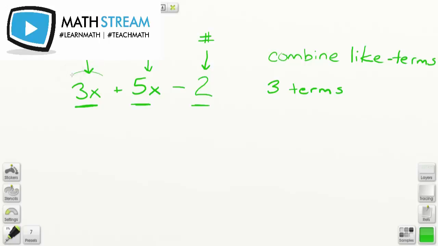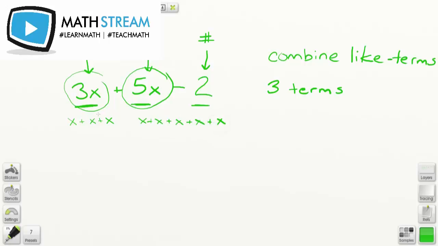Well, actually 3x and 5x are like each other. And if we think about our definitions that we just created before, we know that 3x means just x plus x plus x, right? And using the same definition, 5x is x plus x plus x plus x plus x.